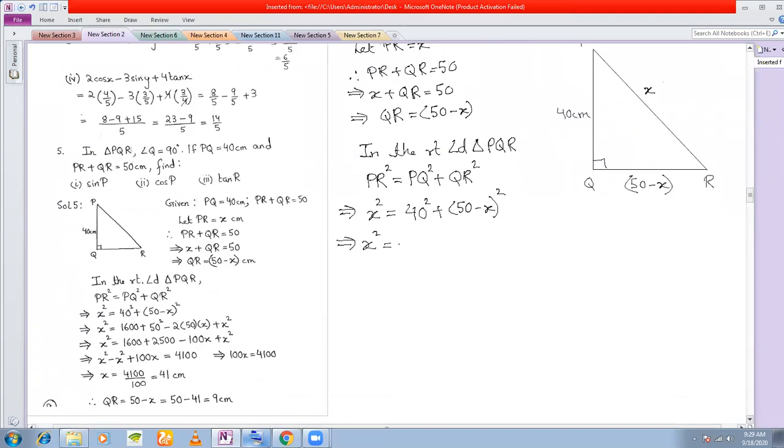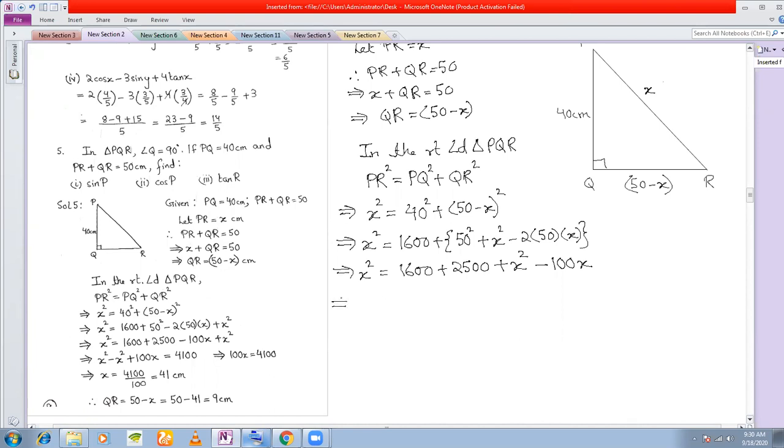x square is equal to 1600 plus, you expand this by the (a minus b) whole square formula. So you get 50 square, a square plus b square minus 2ab. So x square is equal to 1600 plus 2500 plus x square minus 100x.